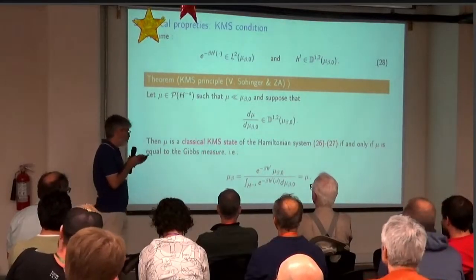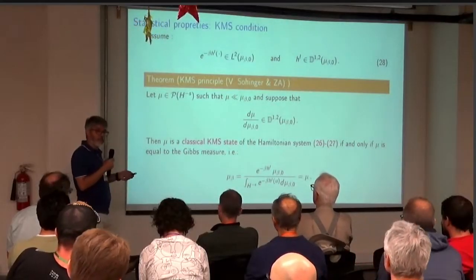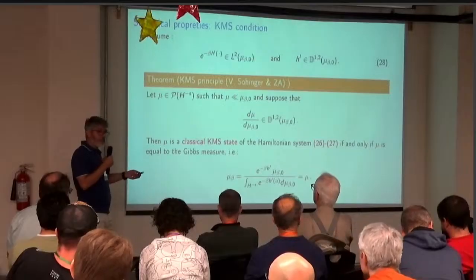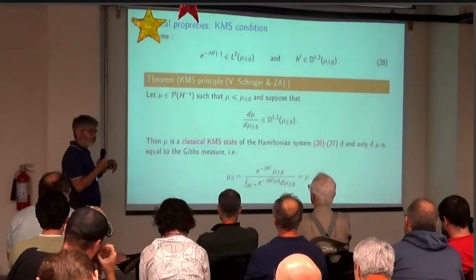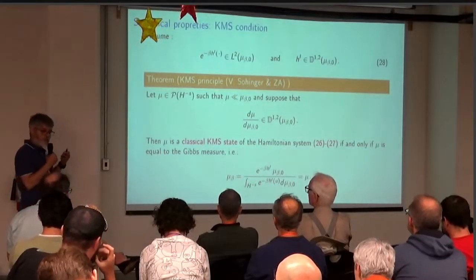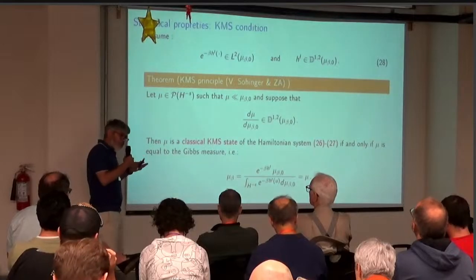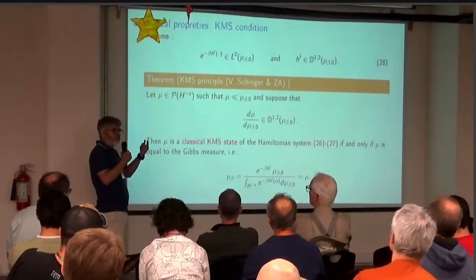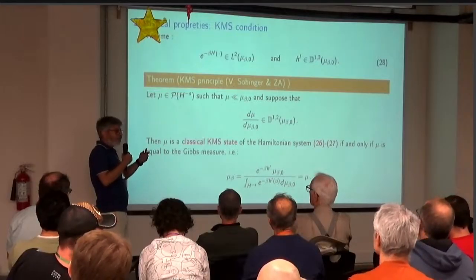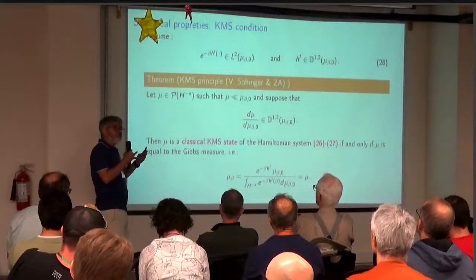So under some further regularity assumptions, any probability measure that satisfies the KMS condition is for sure a Gibbs measure, and the opposite also holds. This gives us a sort of KMS principle. In the favorable case where we have only one unique equilibrium candidate, it is really characterized by the KMS condition. This is what we expect.